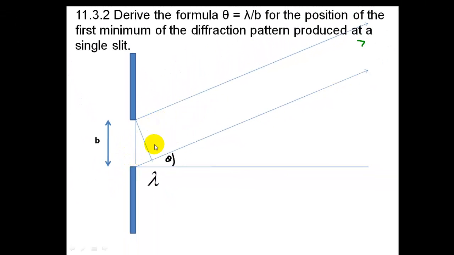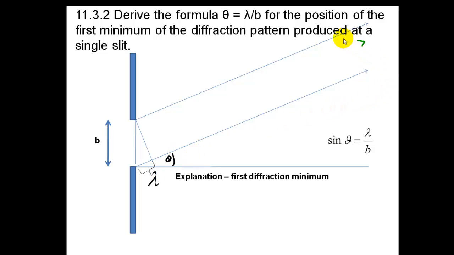So this will always be a minimum, because this is the point of destructive interference. So this angle here, the sine of that angle is equal to lambda divided by b, using basic trigonometry.